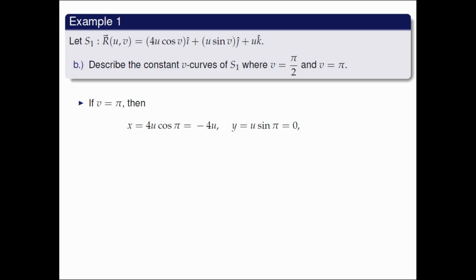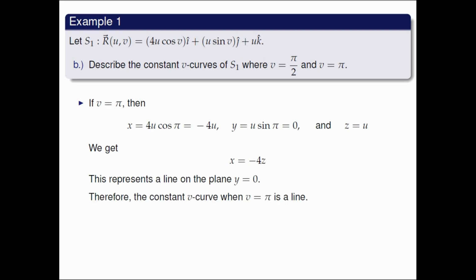And then z equals u. Observe that x equals negative 4u and z equals u. So that x equals negative 4z. Itong equation na to, on the plane y equals 0, this represents a line. Therefore, the constant v curve when v equals pi is a line.